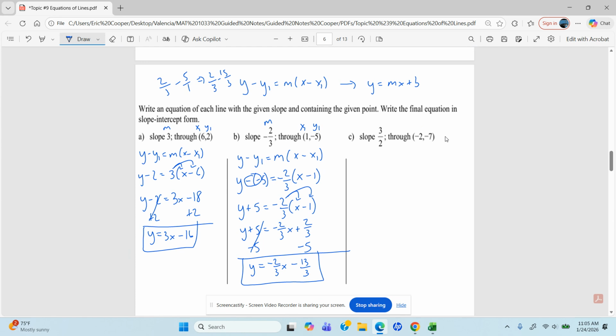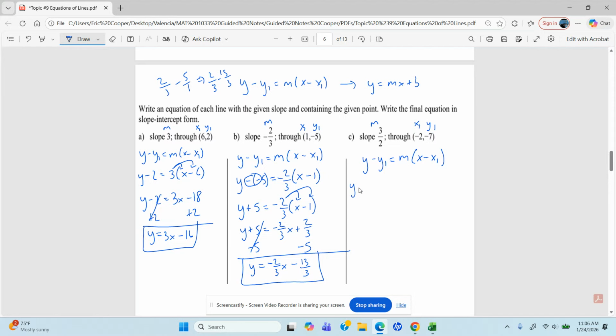We'll do it one more time with this problem over here. Again, the same idea. We want to plug it into point-slope and be able to turn it into slope-intercept form. The slope is 3 over 2. Here's x1, and here's y1. Again, these are both negatives, so don't plug those negatives in for those subtractions.